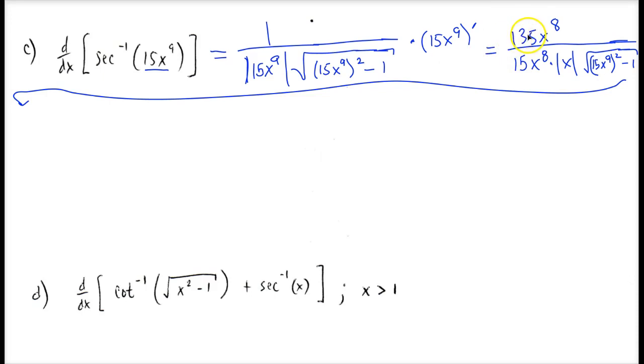Now, of course, 135 divided by 15 is 9. And we know that x raised to the 8 divided by x raised to the 8th reduces to 1. So here we just have 9 divided by absolute value of x times the square root of 15x raised to the 9 quantity squared minus 1 here.